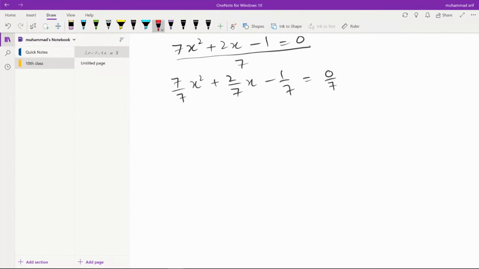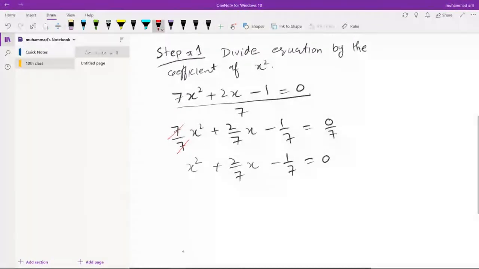Here we cancel 7 by 7 and we are left with only x square plus 2 by 7 x minus 1 by 7 equals to 0. This is your first step.